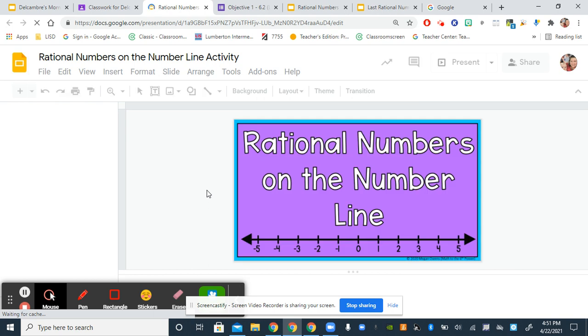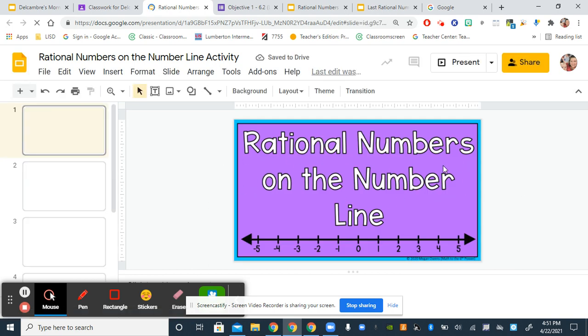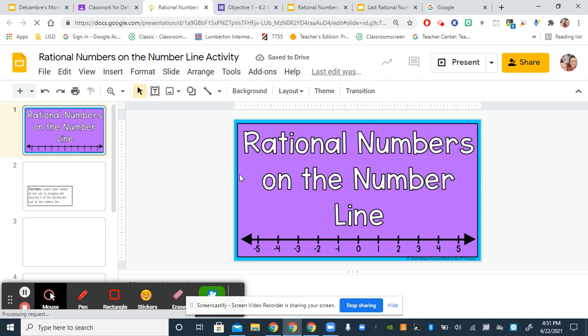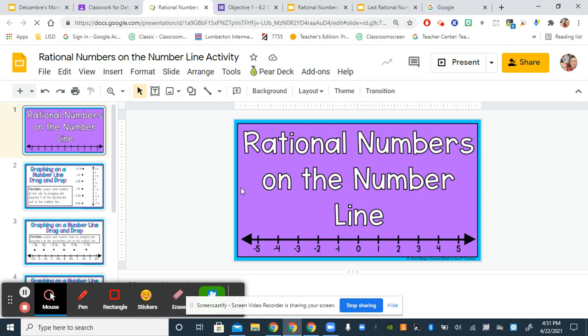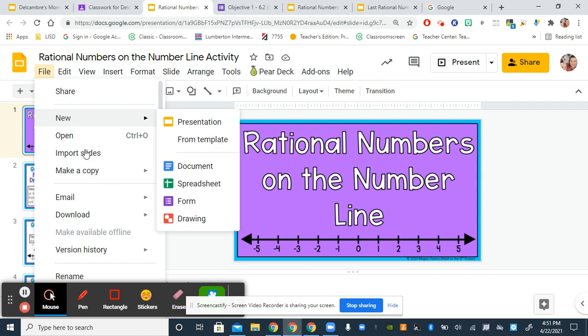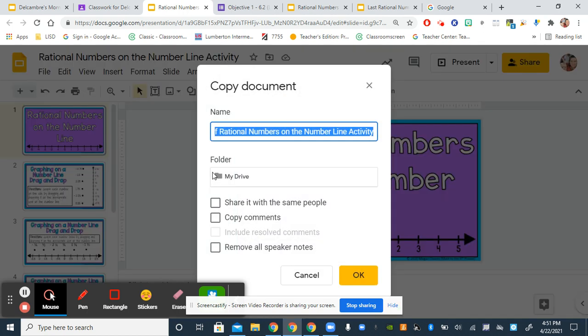One person had an error message come up about a doc. Please let me know if you have an error like that so I can try to figure out what's going on. When you open it up, it should have your name and say Rational Numbers on a Number Line Activity. If it doesn't, go to File, Make a copy, Entire presentation, and type your name.